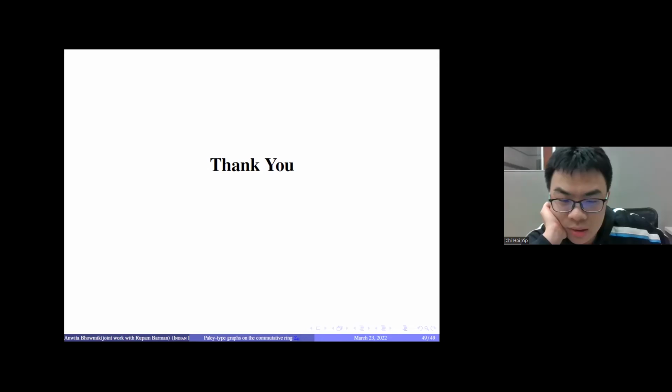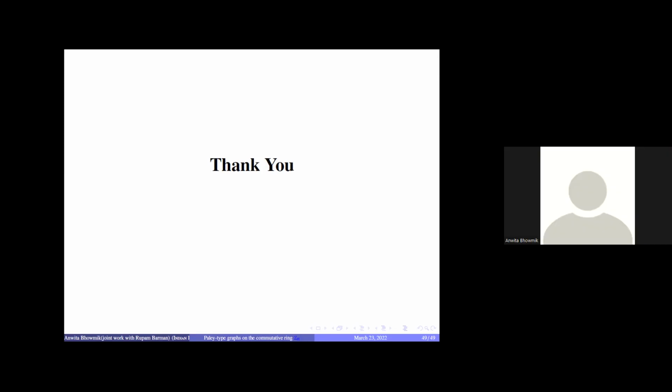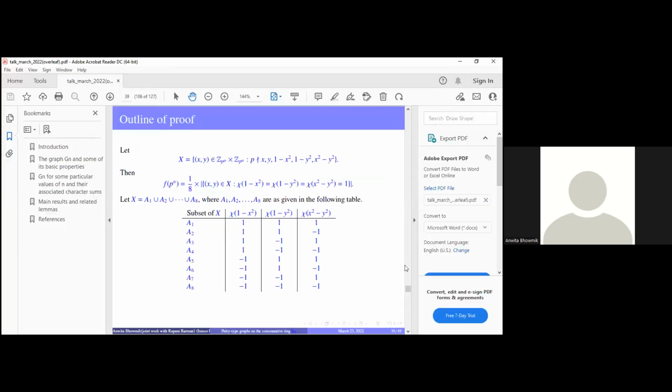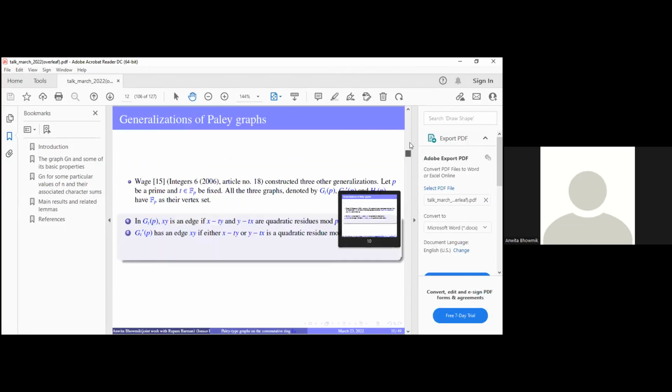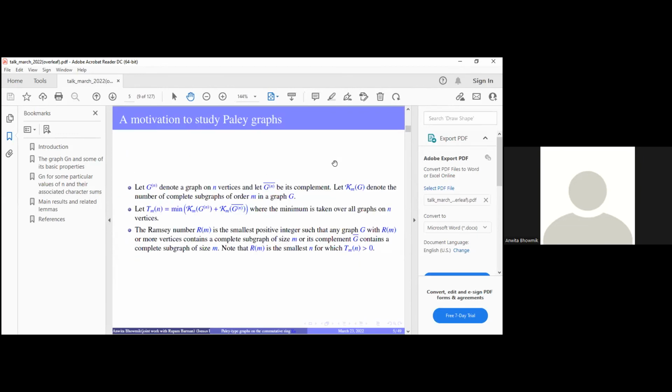Okay. And do you know why people are interested in counting the number of complete subgraphs of order 3 or 4? That is, I think, because it started from the Paley graphs. As I said, the Ramsey number, then that expression Tm of n, this minimum over all this line.